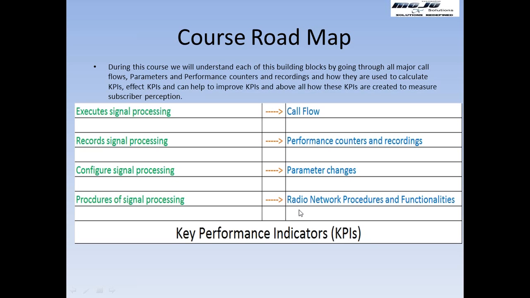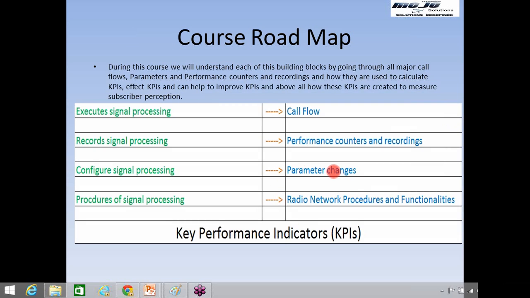What are the radio network functionalities, and what are the key performance indicators? Before you jump to the parameters, you need to understand what the radio network functionalities are and what call flow is. Based on the call flow and the radio network functionalities, performance counters are recorded. From those performance counters, KPIs, key performance indicators, are created.